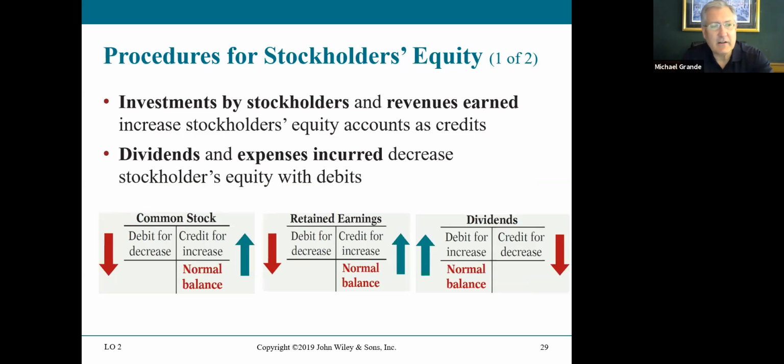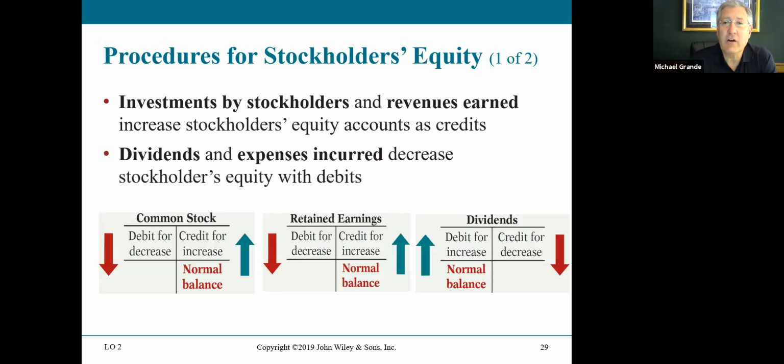So let's look at that. The common stock and retained earnings, you increase them with credits. So again, when stockholders invest cash in the business, that's going to be a credit. You're going to increase the common stock account. And when you get revenues, revenues are going to increase retained earnings.